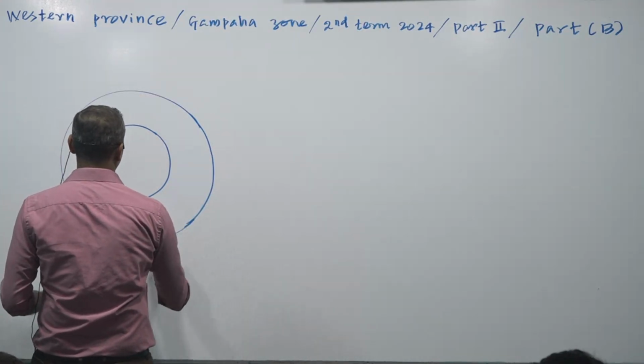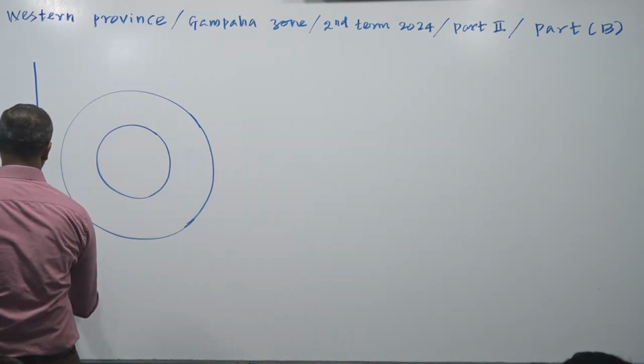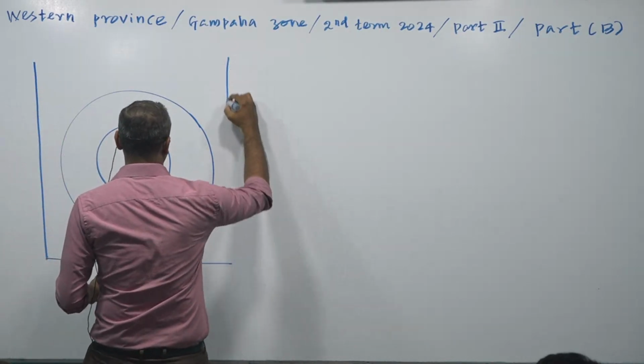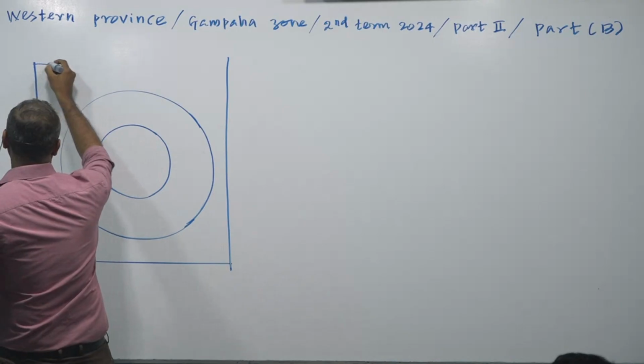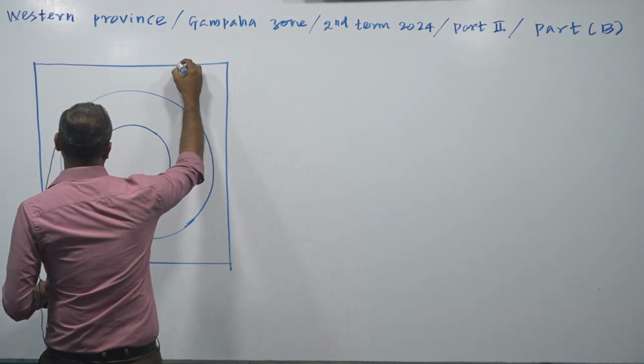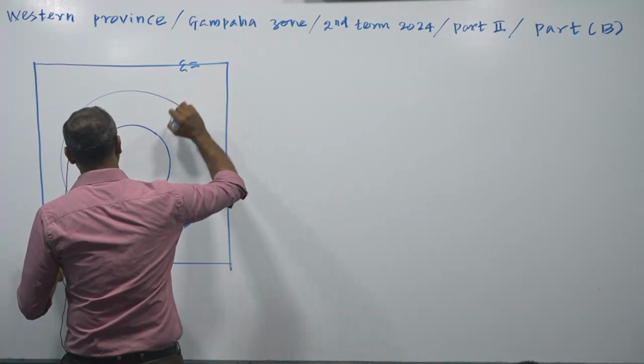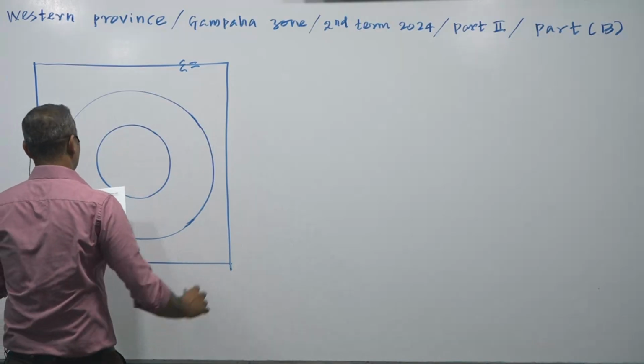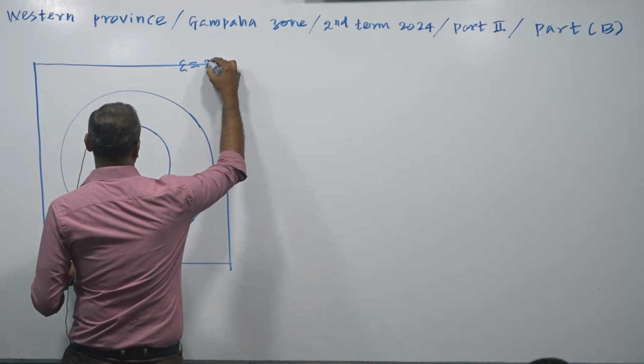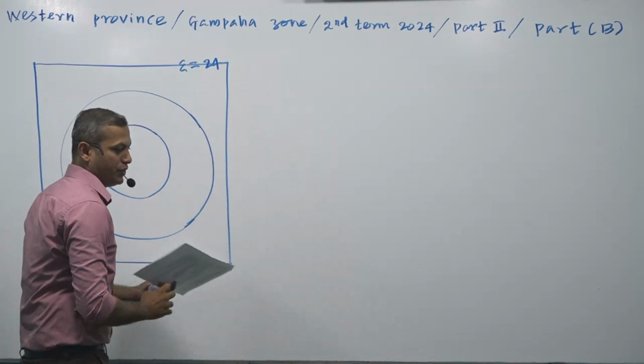So one must be a subset of the other. Try to understand this concept. It's a hidden data. How many matches has he played? Totally 24 matches. So universal set 24.